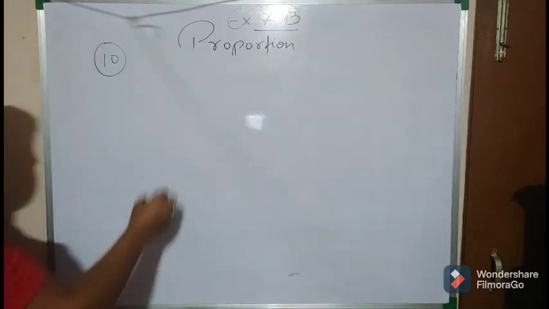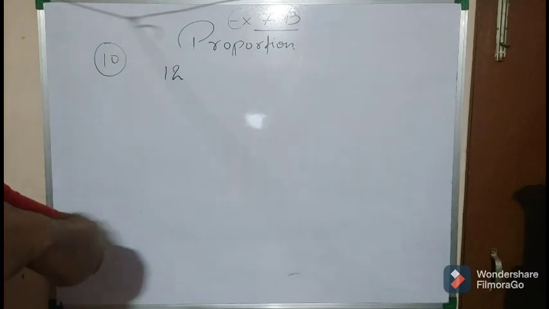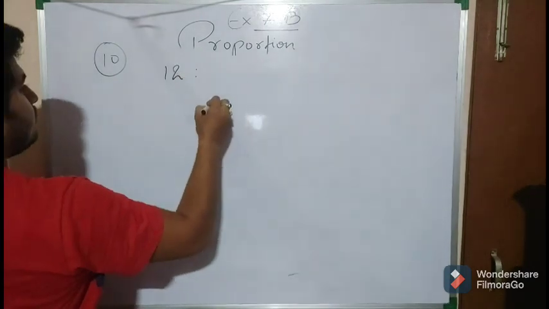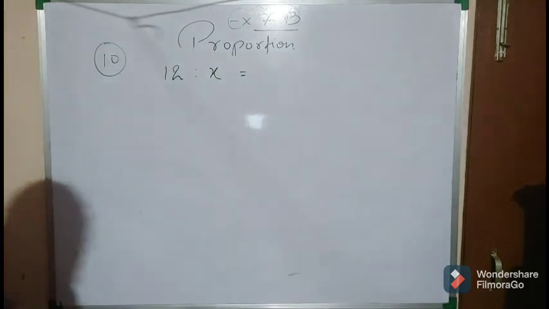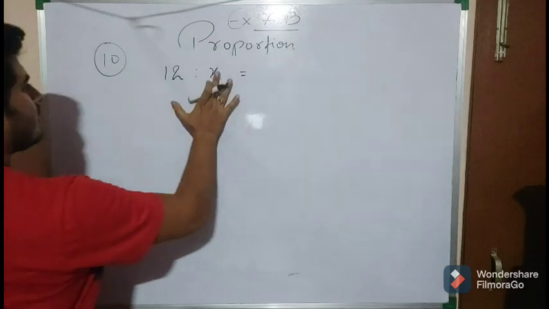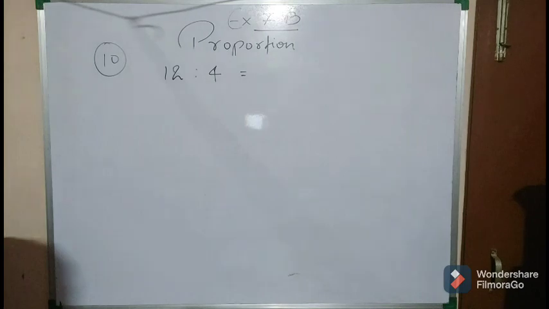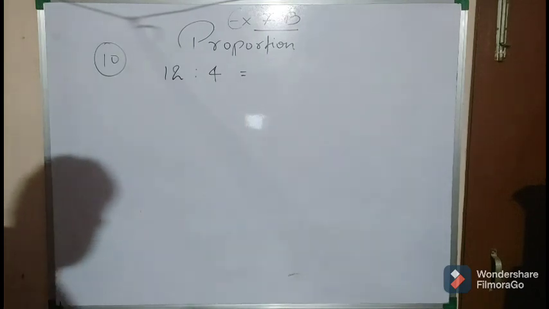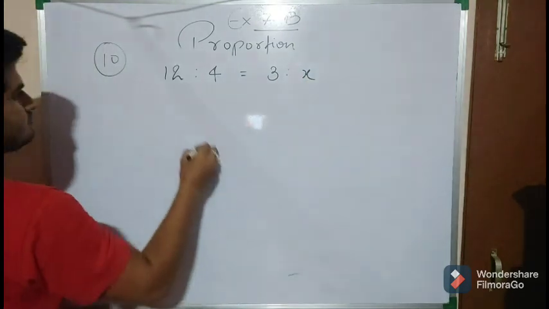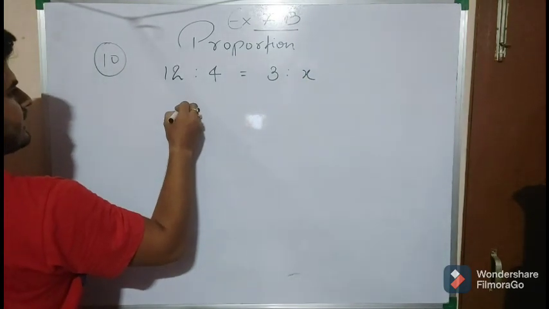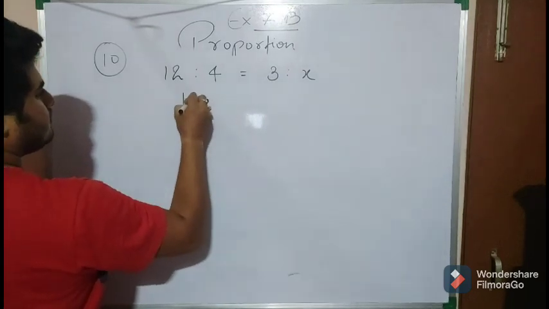So 12 people, ratio, we don't know how many hours in the second case, so x. It is known 12 people in the first case, and in the second case 4 people. In the first case they are taking 3 hours, in the second case we do not know. So product of extremes is equal to product of means.